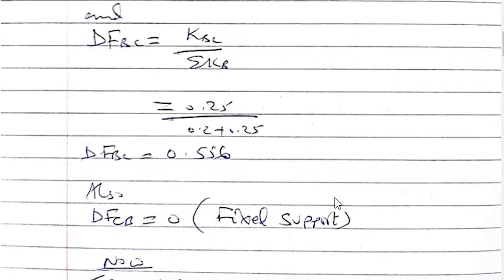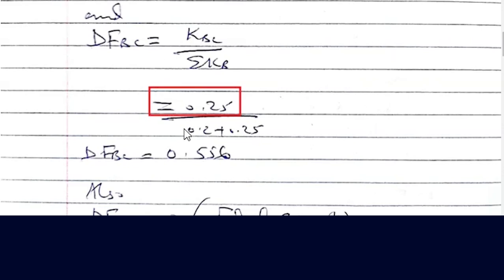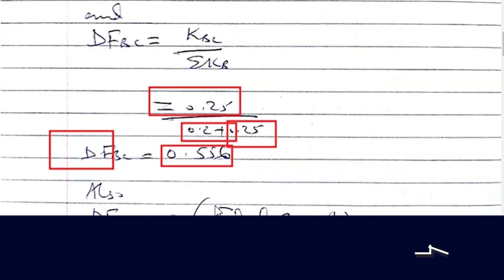So what can we get? The right hand KBC is about 0.25 over the summation of the K at support B. On calculation, you get a value of about 0.556.